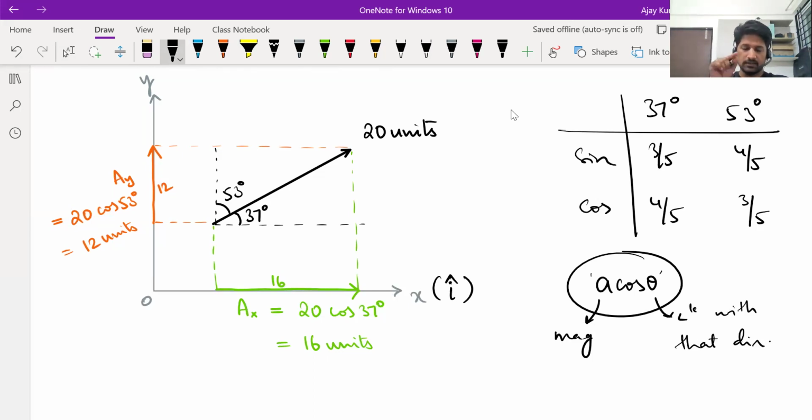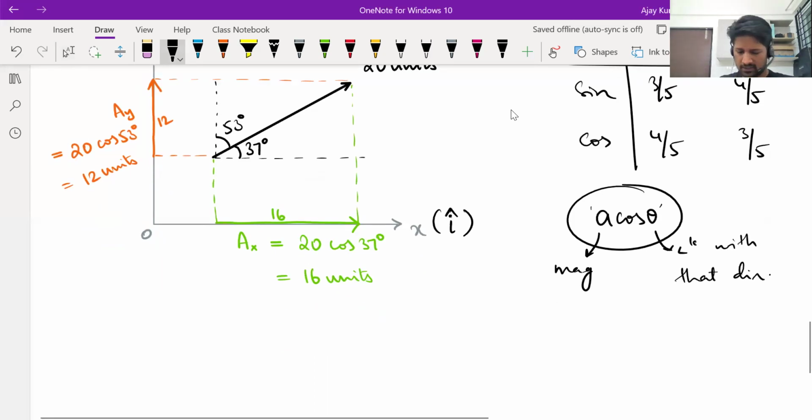Now here, the x component, the green vector, has 16 units magnitude in that direction. So Aishwarya, you only continue. How will you write that x component as a vector now? We know its magnitude, it's along the x direction, and we know the unit vector in that direction also, I cap. How will you write the vector? Sir, 16 I cap. 16 times the unit vector, 16 I cap. Good.